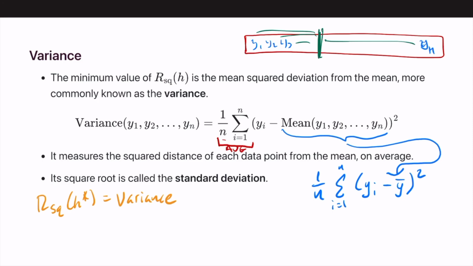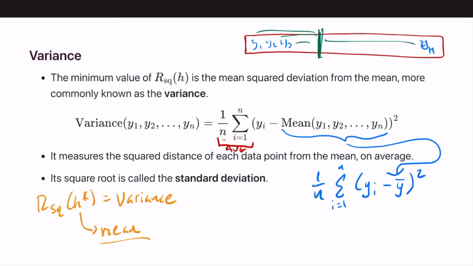And H star in and of itself is just the mean. So in other words, the minimum value that you can get from squared error is the variance, and you get that when H star, the best constant prediction that we can use, is the mean.